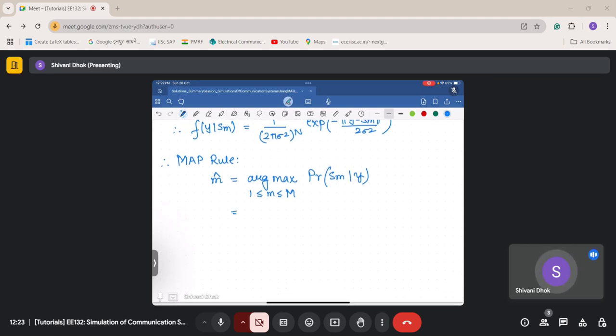Using Bayes rule, this is equal to the PDF of y given Sm into the probability of Sm, divided by f of y.